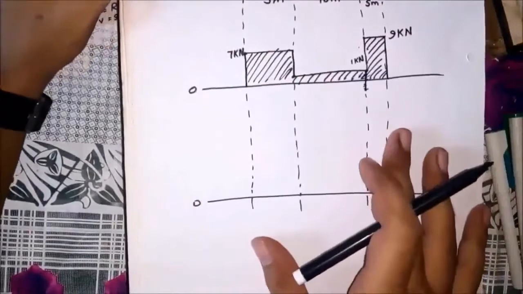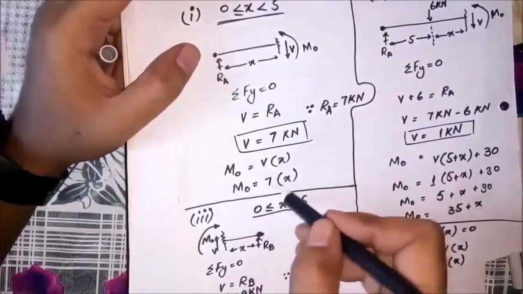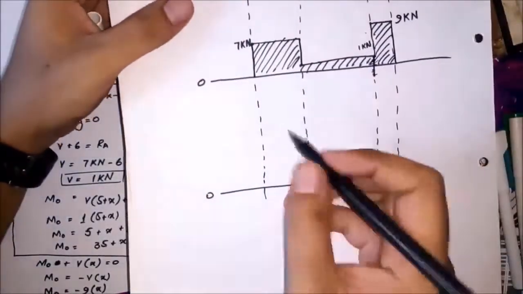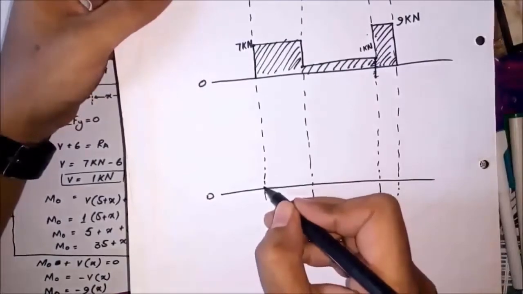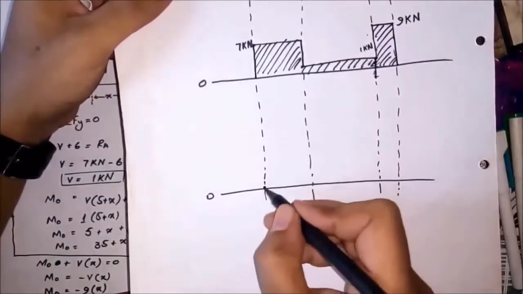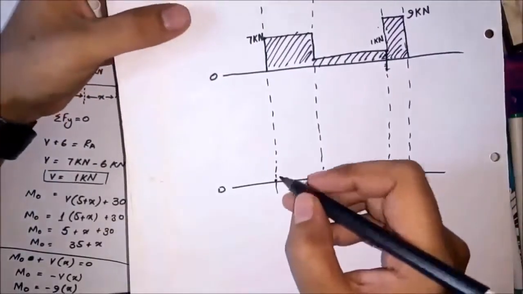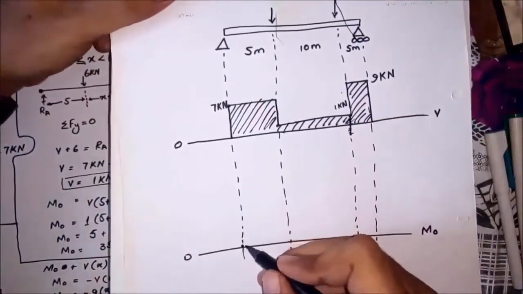Now move toward the bending moment diagram. For the first section, it is 7 times x, and x is the distance from 0 to 5. At this point, x is equal to 0, so MO is equal to 0. As the value of x increases, MO will increase from 0 to 35 for the first segment.